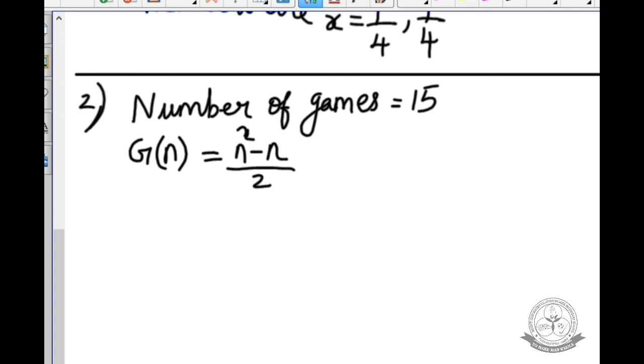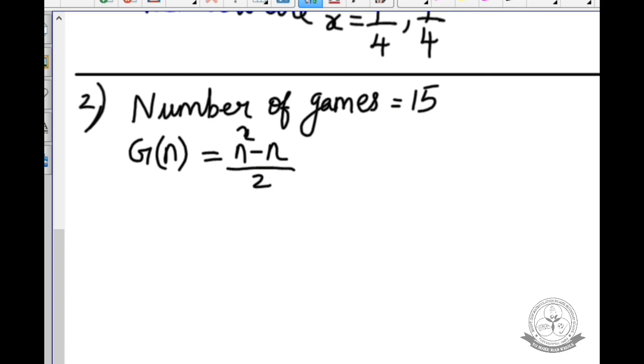The number of volleyball games is given in this expression g of n equal to n squared minus n by 2 for any number of games. But in this question specifically they are giving the number of games as 15.